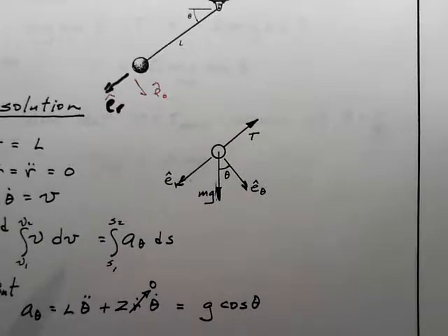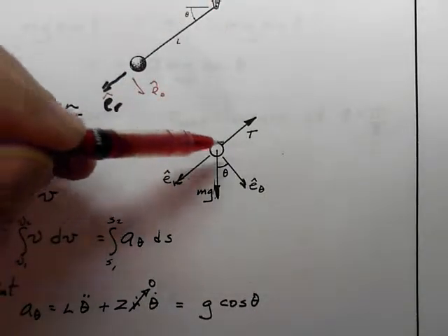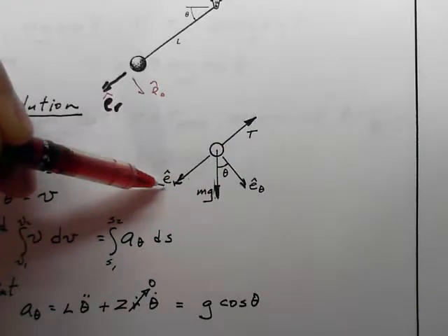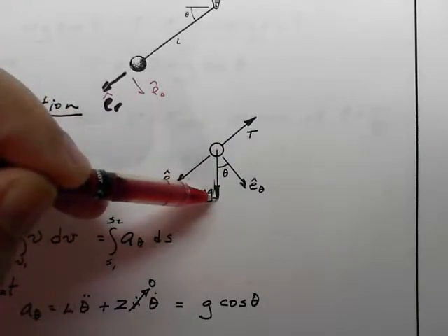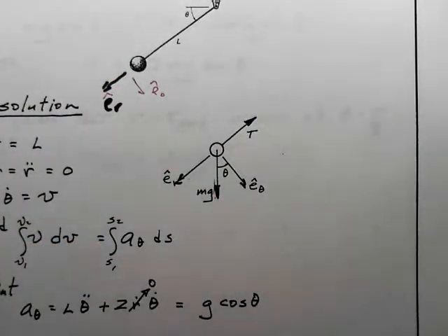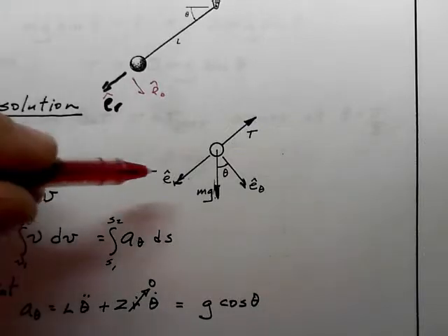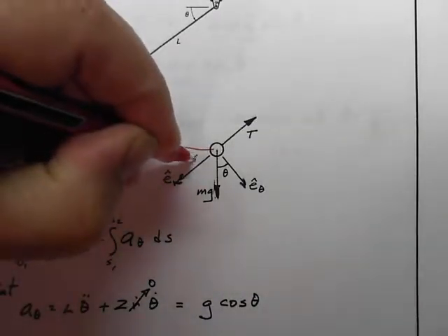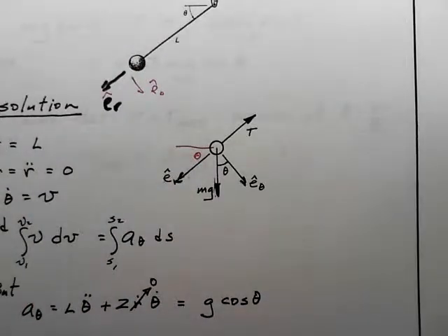Okay, and so I've got a free body diagram for this bob showing the tension going in the negative radial direction. There's our radial unit vector, and we have gravity acting straight down. Here's our theta direction unit vector, and this angle is a measure of theta, and in this picture, in addition, this angle would be a measure of theta, if you find that helpful.